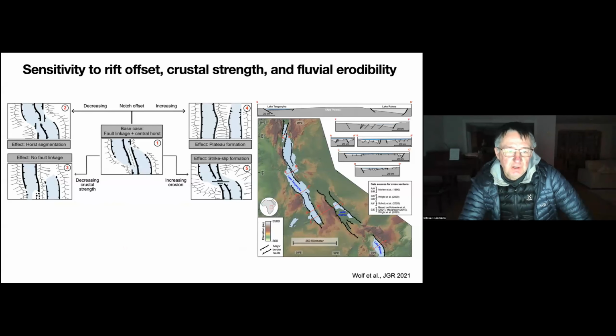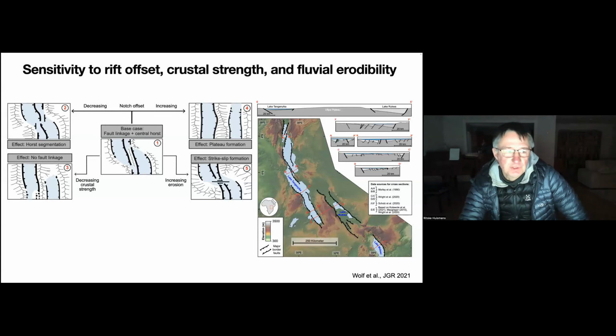The base case here in the center on the left is these two rift segments that link with a central horst. If we decrease the offset or decrease crustal strength, we basically remove the horst and have inefficient linkage. If we increase erosion efficiency, we also remove the horst and form a transform-like structure, basically again not linking the two rift segments.